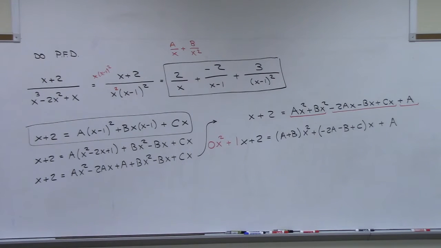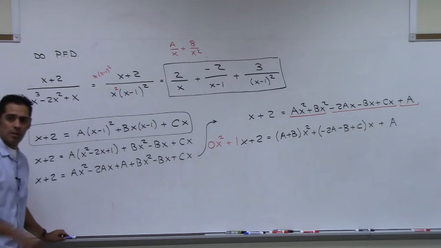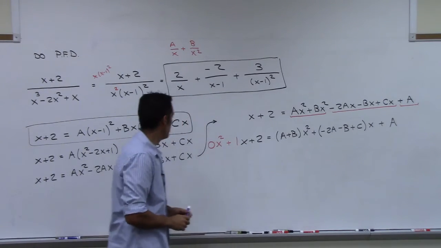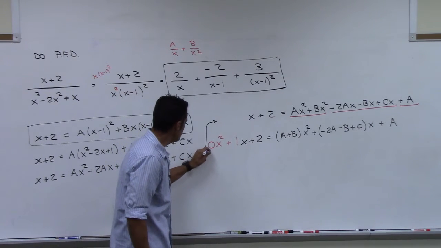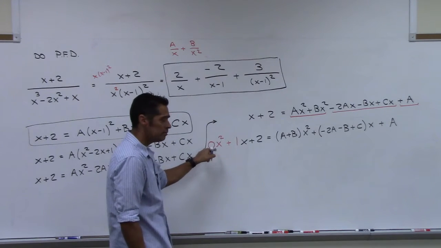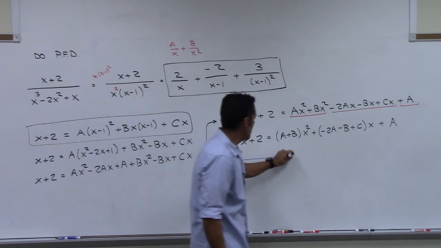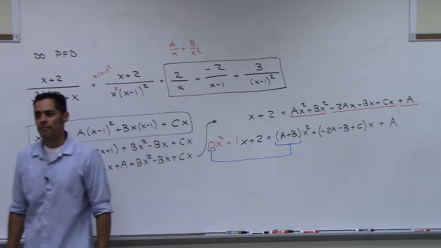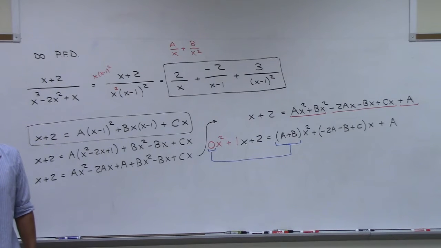If the left-hand side and the right-hand side have to be equal to one another, do y'all see that? If the left and right-hand sides have to be equal to each other, then the coefficient sitting in front of x squared here must be the same as the coefficient sitting in front of x squared there, which is a plus b.